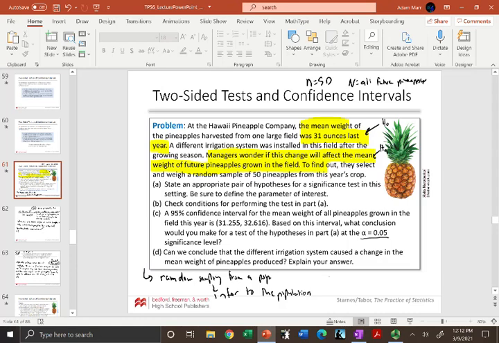Now, secondly, if we do random assignment to groups, like if we have a control and an experimental group, so we're comparing two different groups, it could even be two experimental groups. If we actually have a comparative experiment with random assignment to groups, then we can establish cause and effect.